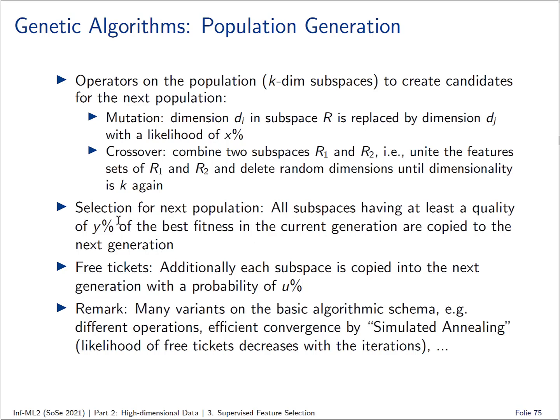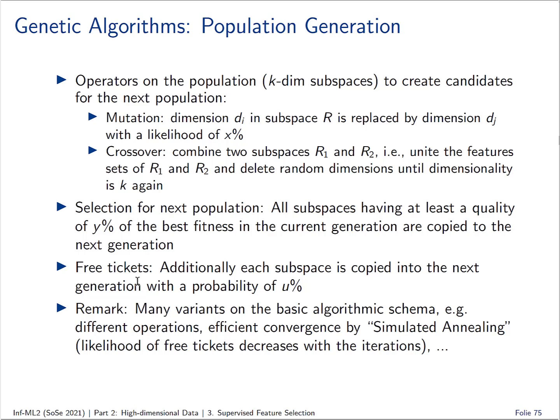We keep the best Y percent of the current population for the next population, because we think they are already good, but generate 1 minus Y% new candidates using mutation and crossover.